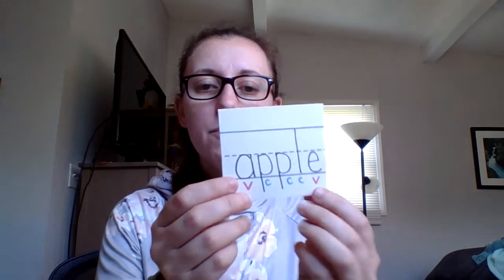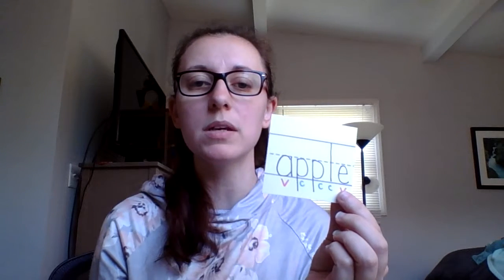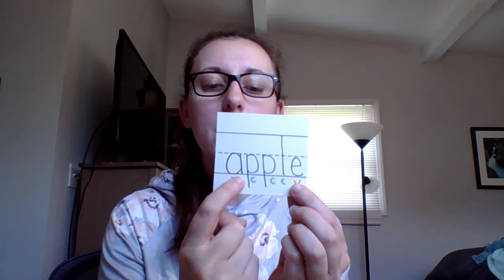The next one is apple. So we have three consonants in the middle and we have two vowels. And we're not worried about the consonants until we're figuring out where to separate the word. So we have apple, which has two vowels. Let's see if we can figure that out.